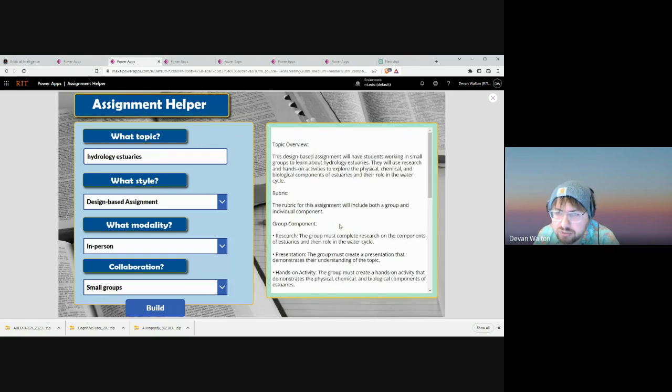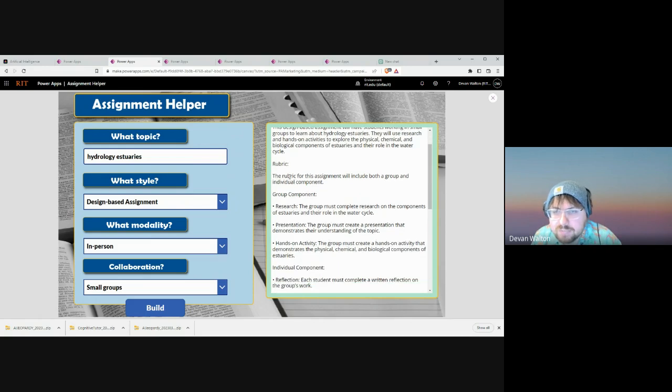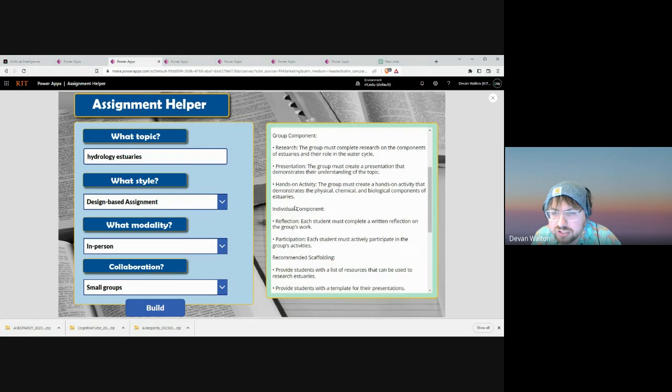And here is our response on the right. We get an overview of what the assignment involves. It looks like a hands-on activity to explore the physical, chemical, and biological components of estuaries. It gives you a rough rundown of how you could grade this, both the group component as well as the individual component.